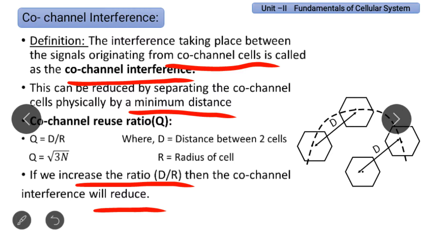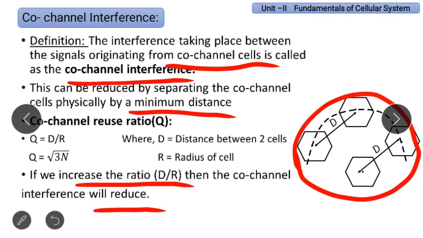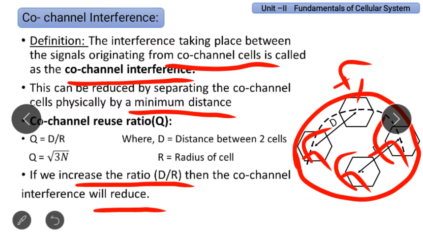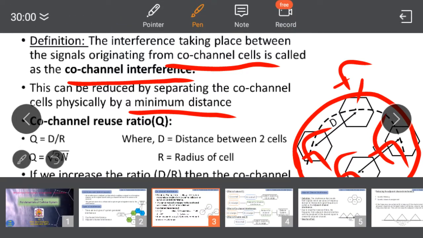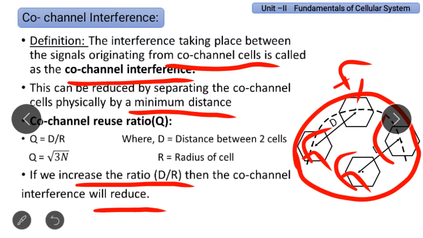Here in this diagram you will see there are 4 different cells having the same frequency, not different frequencies. This is F1 frequency, this is also F1, this is also F1, this is also F1. What is the distance between all these cells?